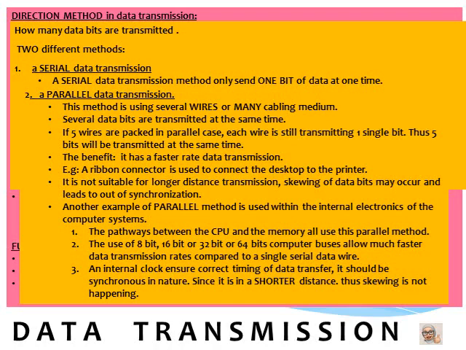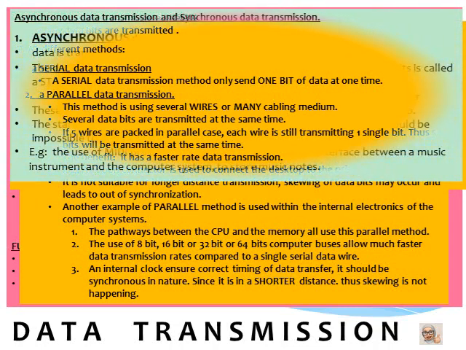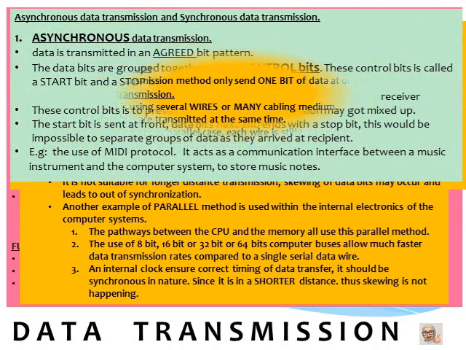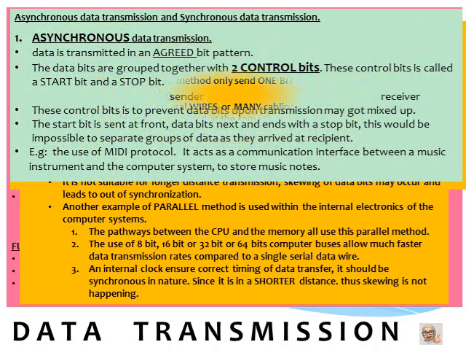Second, the use of 8-bit, 16-bit or 32-bit buses allows much faster data transmission rates compared to using single-channel serial data. Third, an internal clock ensures correct timing of data transfer. And it should be synchronous in nature, since it is over a shorter distance. Thus skewing is not happening.